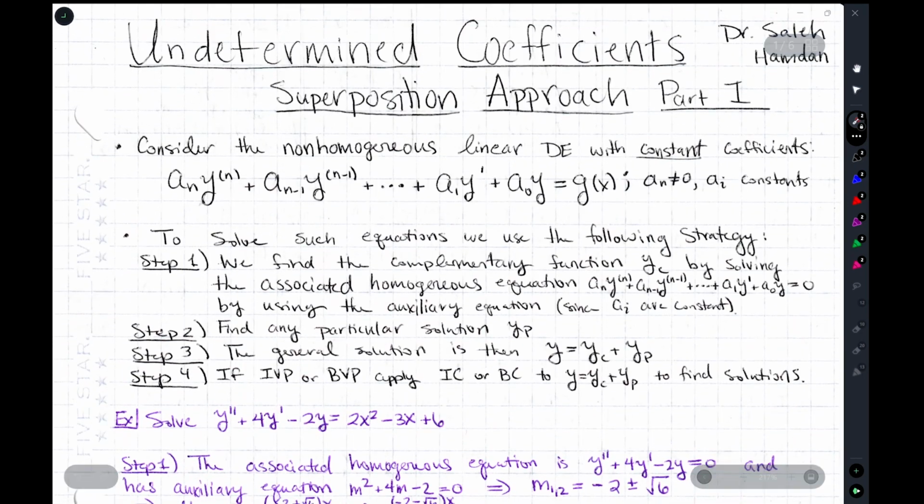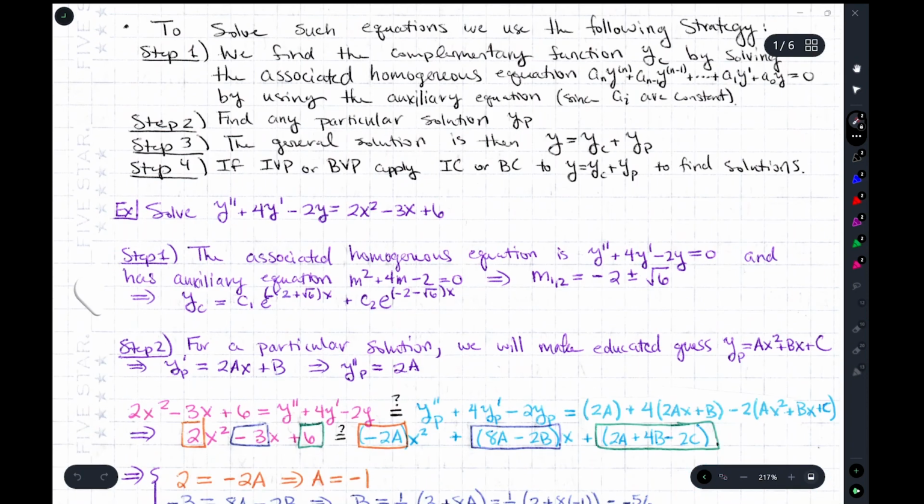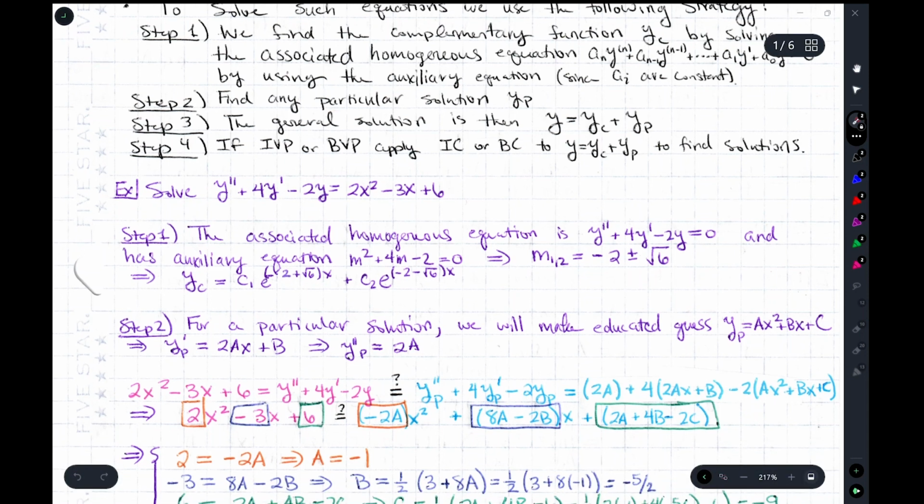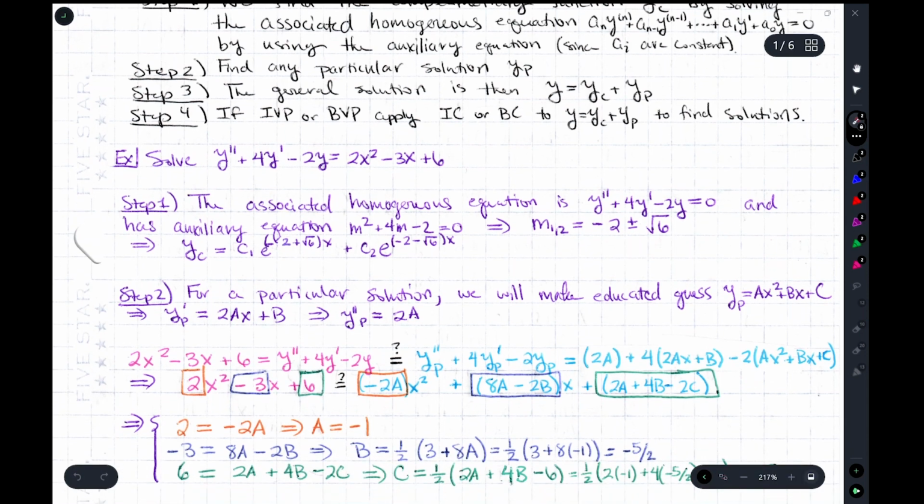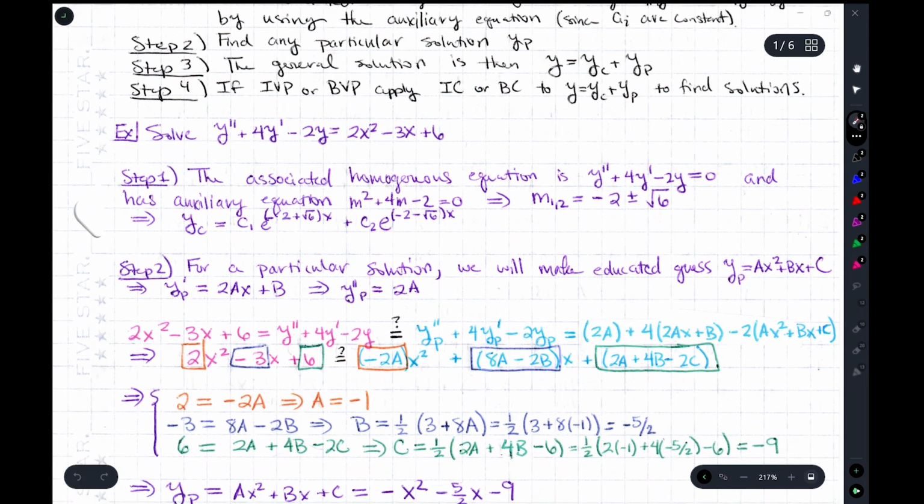That's very important because you could see that we were able to guess this polynomial because the differential equation is not going to change the properties. If there was an e to the x over here, well then it's going to get much more complicated. You're not just going to be able to guess a form because you have coefficients that will change that form. Constant coefficients, on the other hand, just take the form and multiply it by constants.